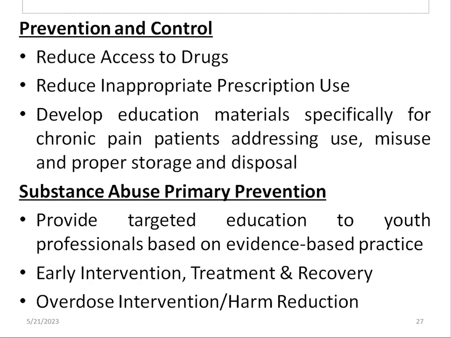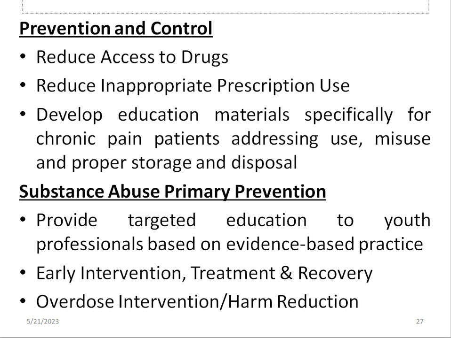Let us now look at prevention and control of drug poisoning and drug abuse. How can you prevent drug poisoning? You have to reduce access to drugs and reduce inappropriate prescription. Prescribe only for the condition that one is suffering from, because if you give more drugs, the patient will tend to take all of them, and this may result in poisoning.